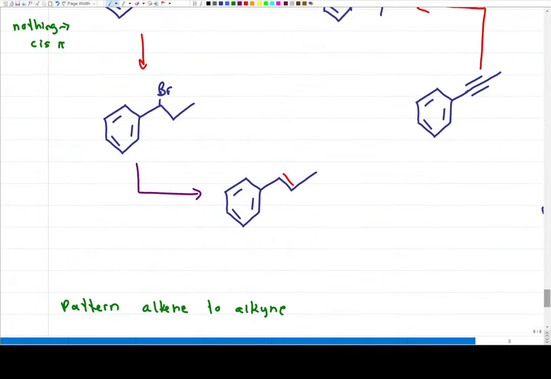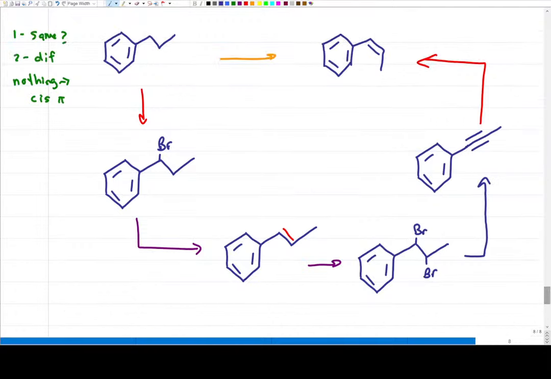Let's apply this pattern here. To break the pi bond, we're going to have a double halogen. So let's put 1, 2, 3, 4. Actually, just 3. So let's put 2 bromines and then react by removing both of the bromines, eliminate both bromines to get a pi bond.